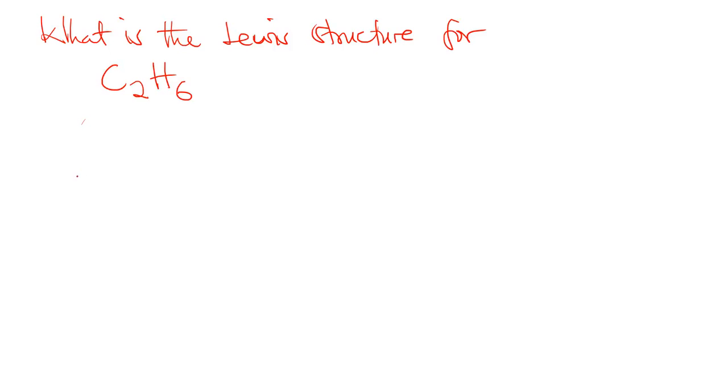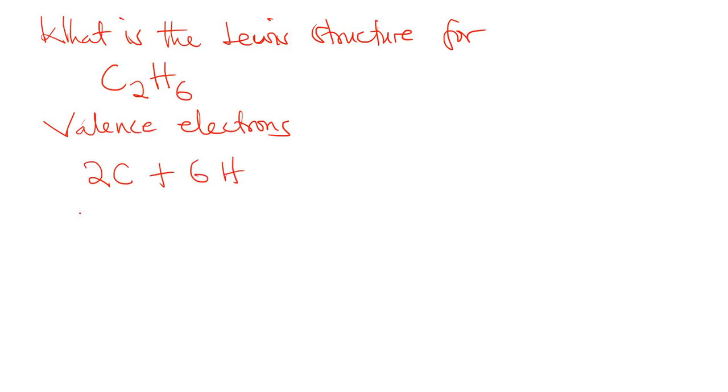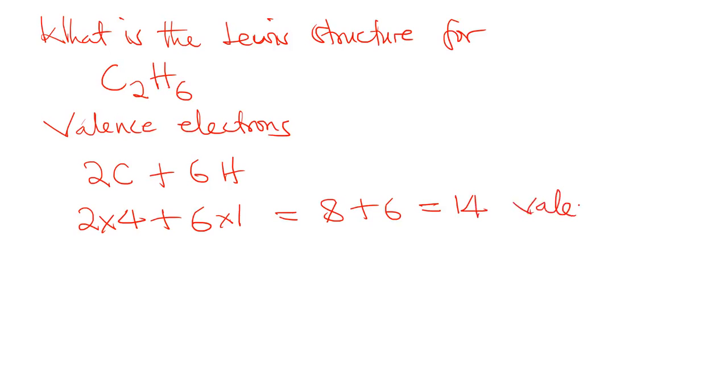As usual, let us count valence electrons. So we have 2C and 6H. Each C is 4 valence electrons, each H is 1 valence electron. So 8 plus 6, which is 14 valence electrons.